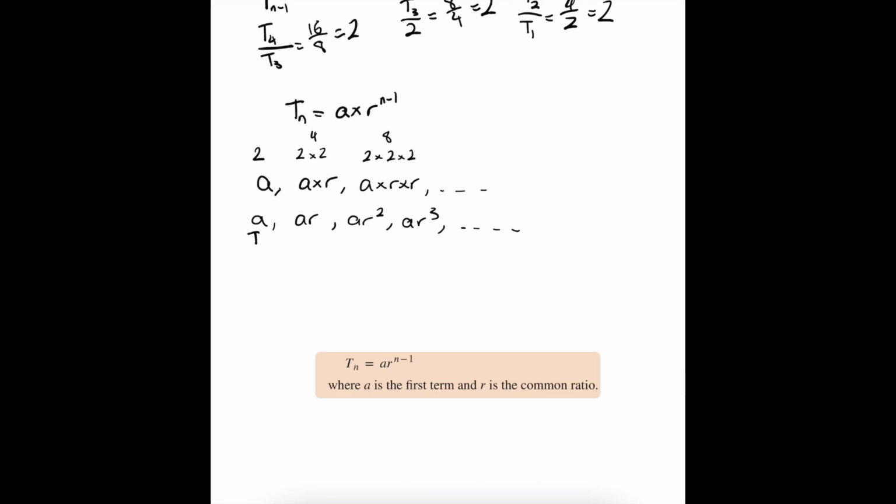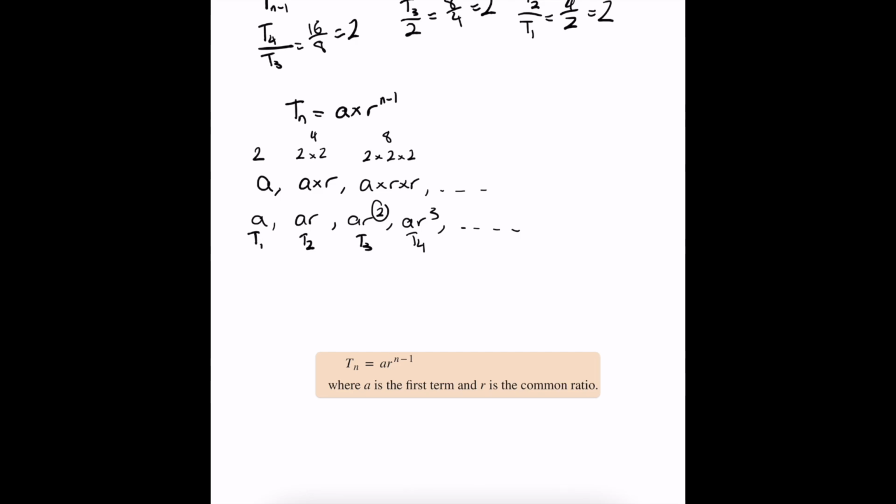And so if we recall that this is T1, T2, T3, T4, we can see that whatever the n is, the power is 1 less than that. And for the R here, the power is 1, which is 1 less than 2. Now for our first term, T1, the power of the R is 0 because it's 1 less than 1.